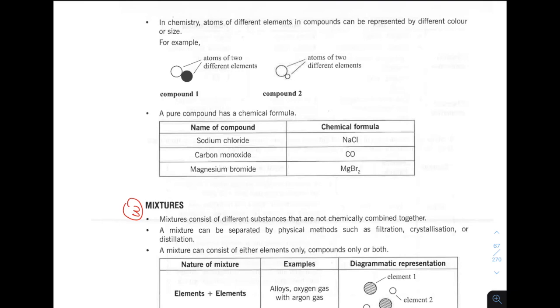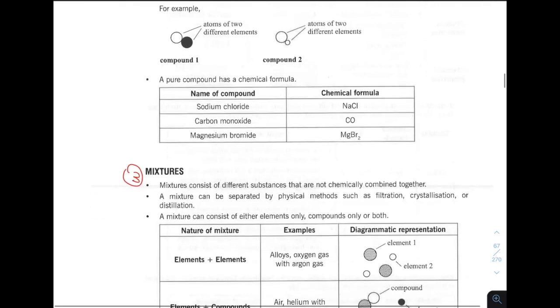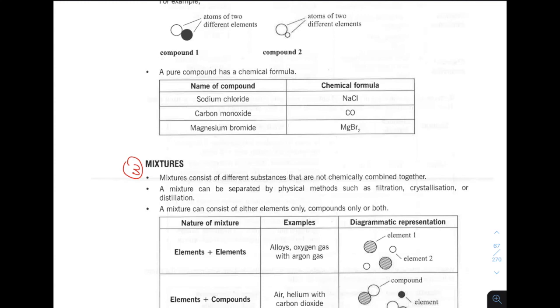So for a mixture, the mixture consists of different parts that are substances that are not chemically combined together, and they can only be separated by physical methods. Physical methods are those that we have already gone through in the chapter on separation techniques. For example, filtration, simple distillation, fractional distillation, paper chromatography.